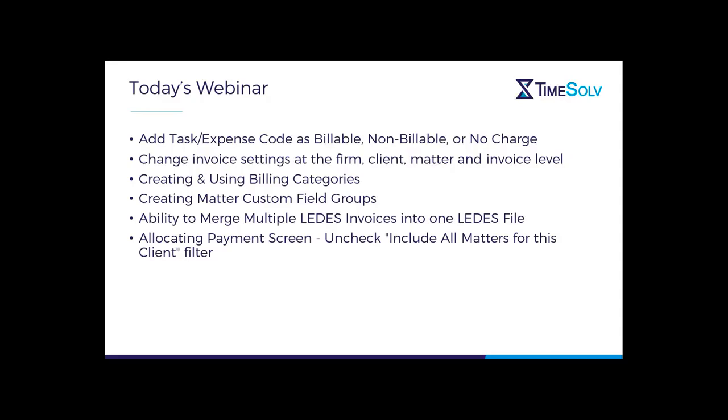At the client or matter level, you can designate how you want to bill that particular client, whether maybe you only bill them on a quarterly or annual basis, but perhaps only 5 of your 100 clients have a billing arrangement that way, and you don't want to have to remember which of those 5 you're supposed to bill quarterly or whatever it might be. So we'll run through how you can set the billing categories up, assign them to the matters at hand, and then use that when generating your draft invoices.